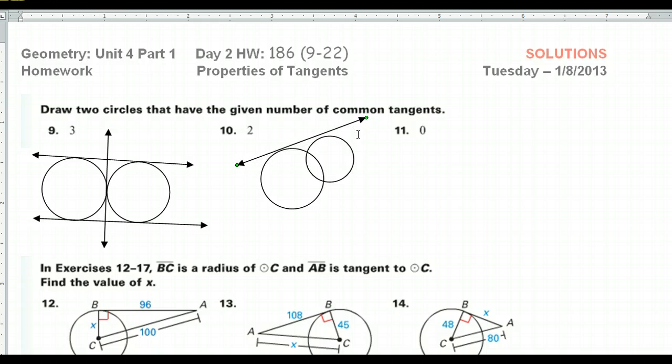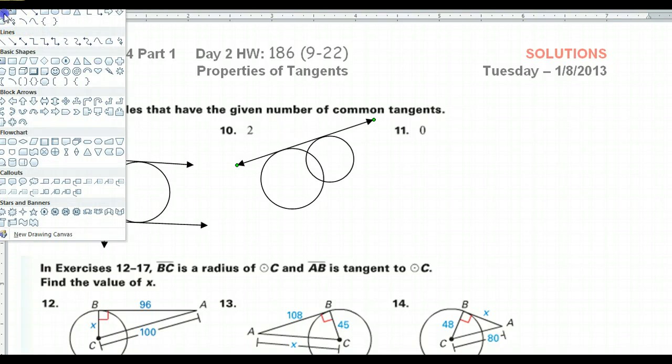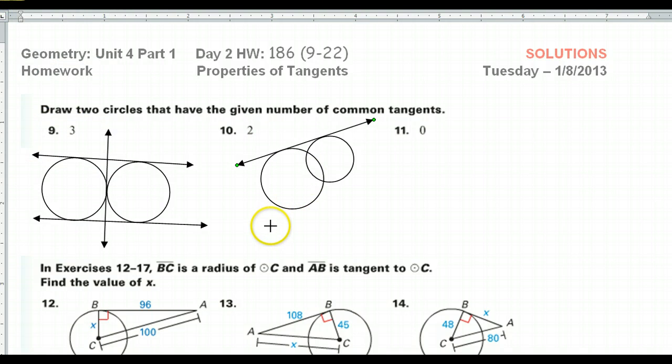I'm still going to have this outer common tangent like this, and I'll have another outer common external tangent going like this. But there will be no other common tangent because of the overlapping. It's blocking me from having any internal tangents.